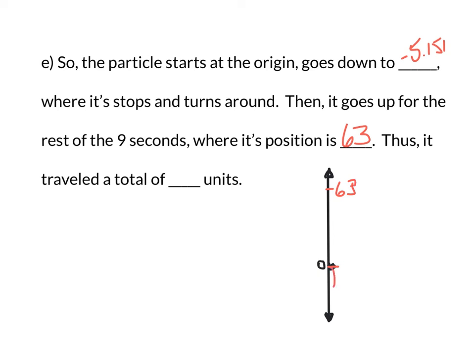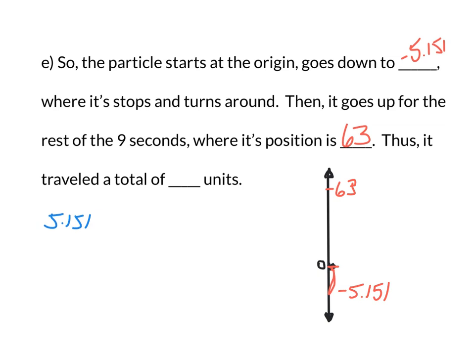So the first thing is that it went down to negative 5.151. So if we're thinking about the total number of units that it's traveled, so far it traveled 5.151 units.